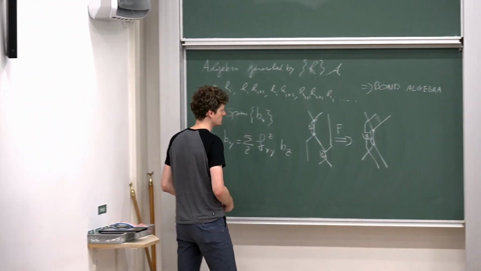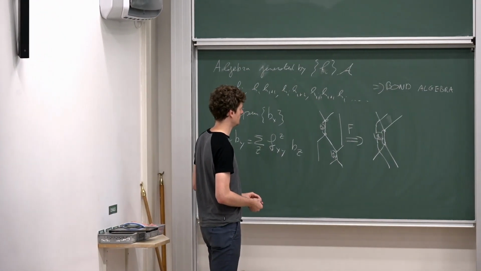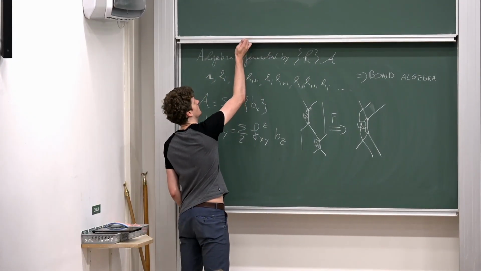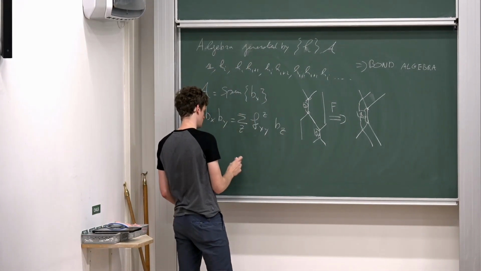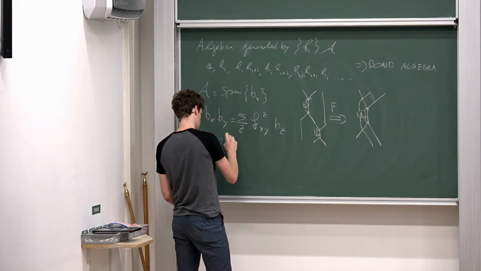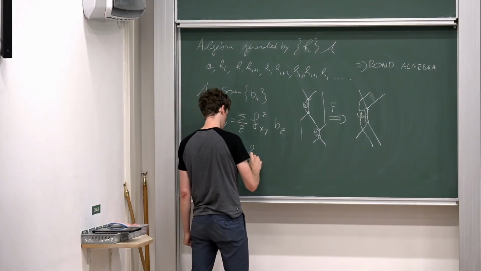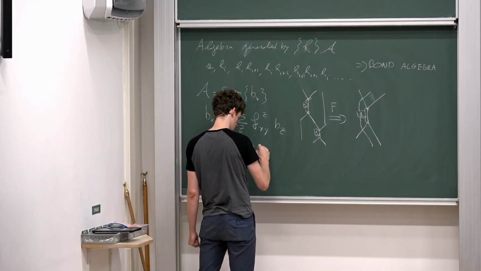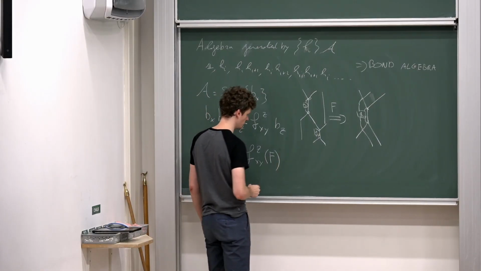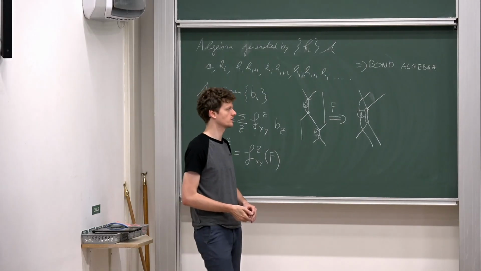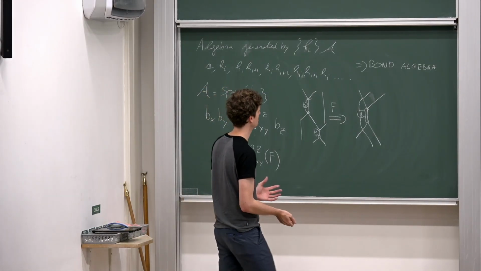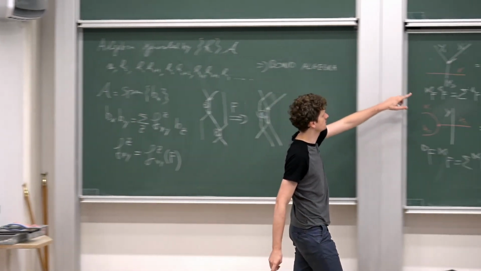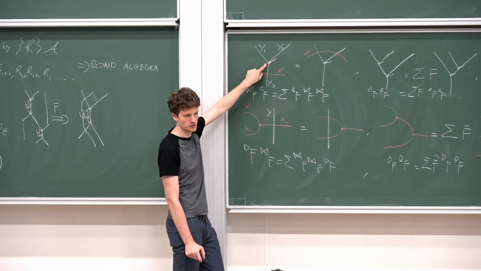So what this means is that this structure constant, f of x, y, z, is really a function of this F symbol of this fusion category D. But importantly, what it does not depend on is the specific choice of these tensors, namely the specific choice of module category.